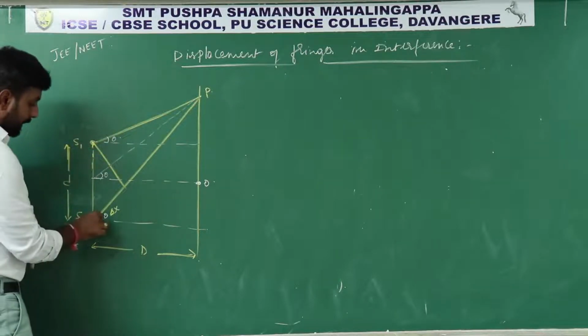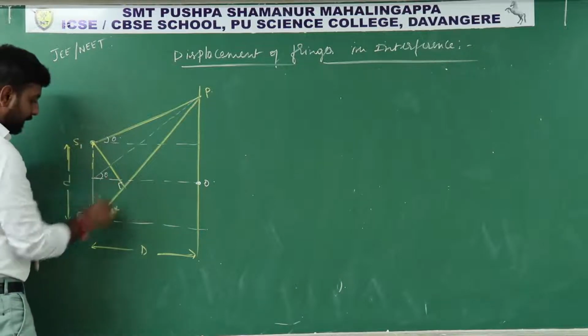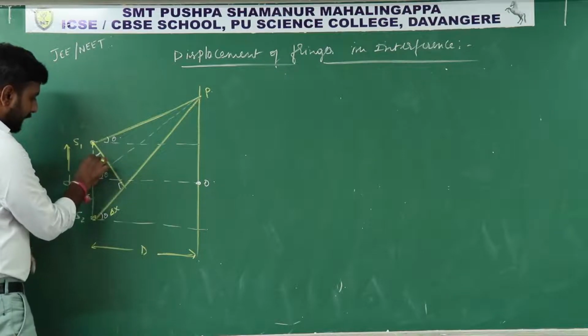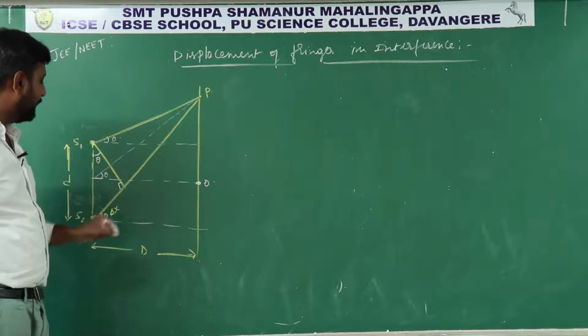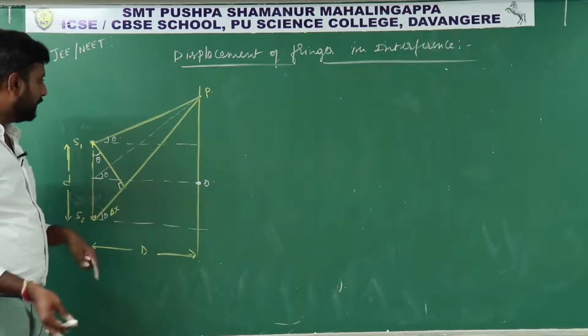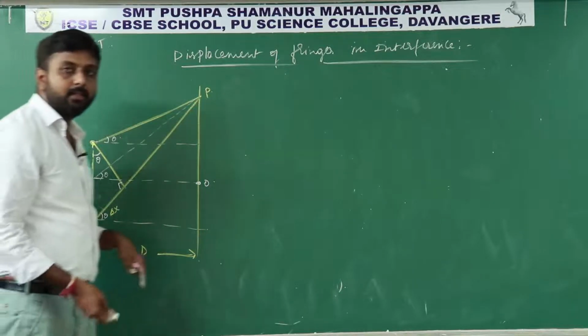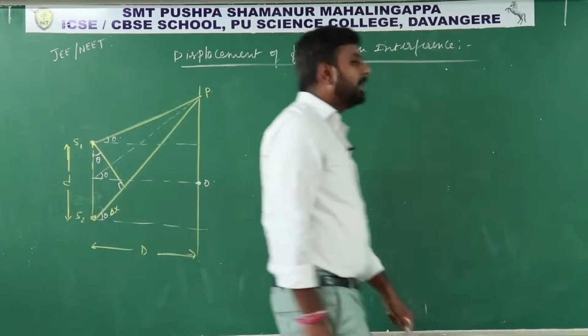In that case, this angle is perpendicular, then this angle becomes 90 minus theta, which means this angle also comes to theta. Then delta x value is d sin theta. So with the two conditions satisfied, d sin theta is nearly equal to d tan theta.